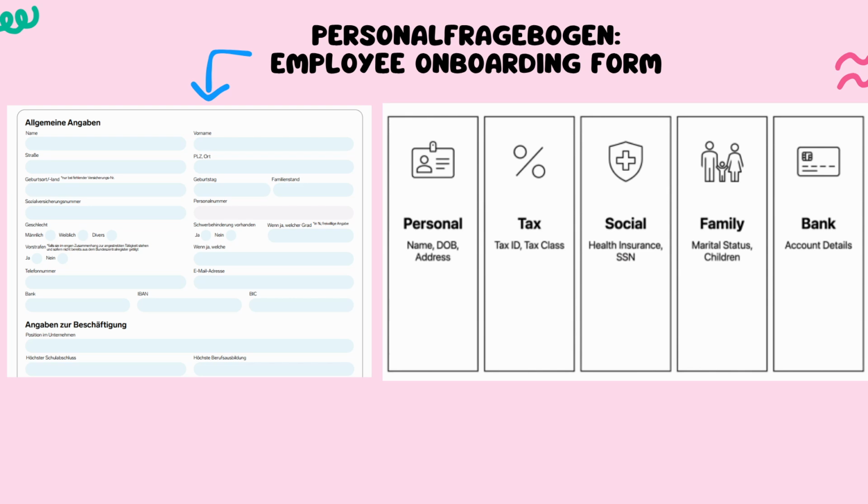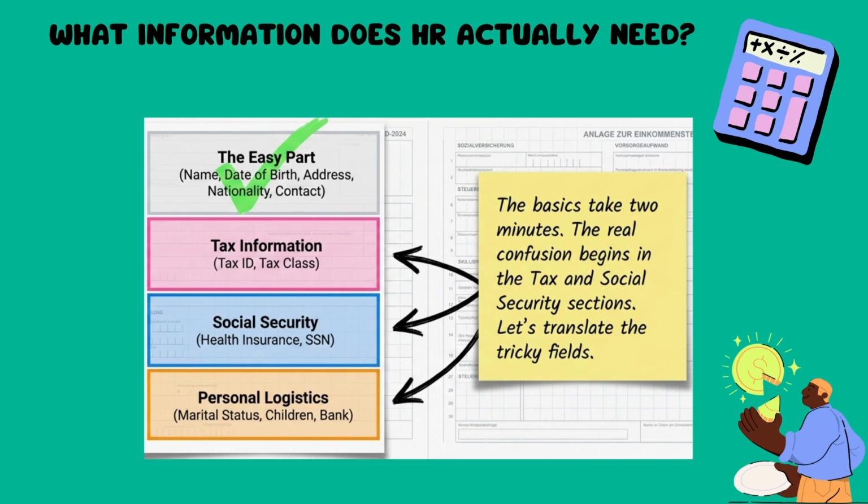The good news is, I'll answer the most common HR payroll questions employees have before their first day and show you how to complete the form correctly. What information does HR actually need? Although every company designs its own form, most forms ask for very similar information.